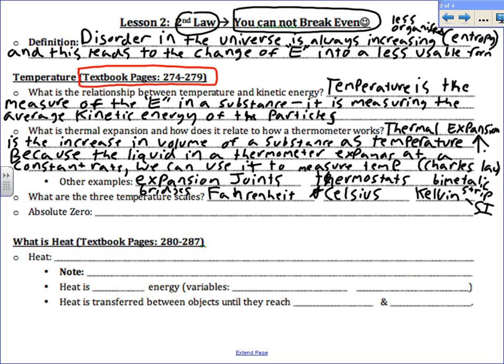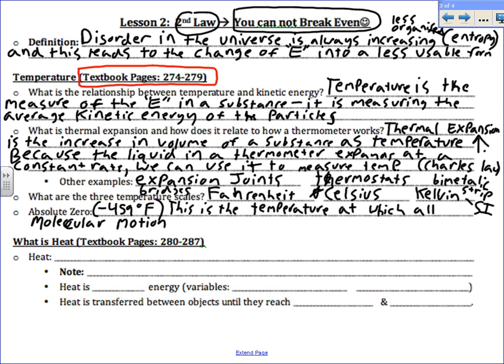Now, absolute 0 is negative 459 degrees Fahrenheit. And this is the temperature at which all molecular motion stops.